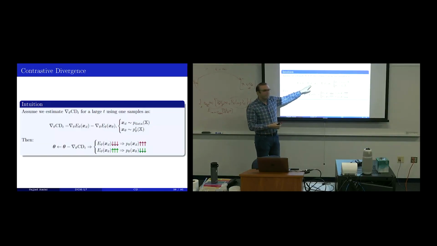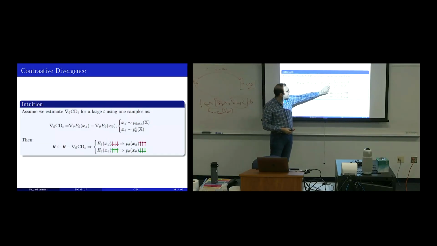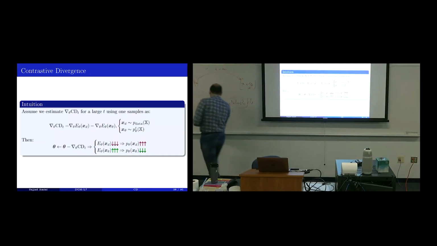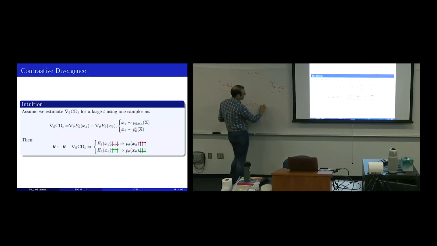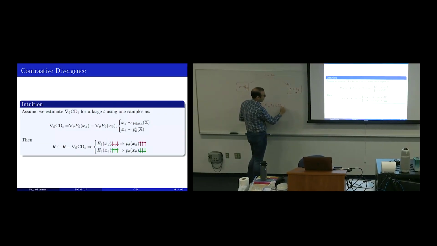So you are increasing the energy at this point and decreasing energy at this point. Let me rewrite it here. The gradient of CDT equals E theta of XD, where XD means X data, minus E theta of X theta, where X theta means data coming from the model distribution.